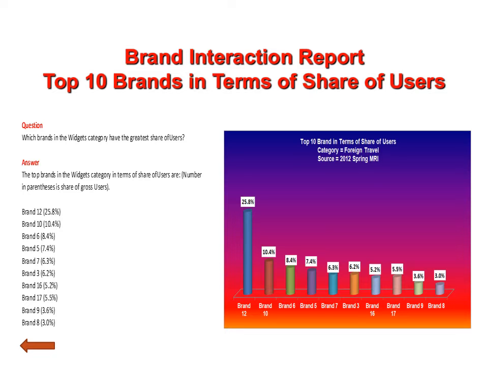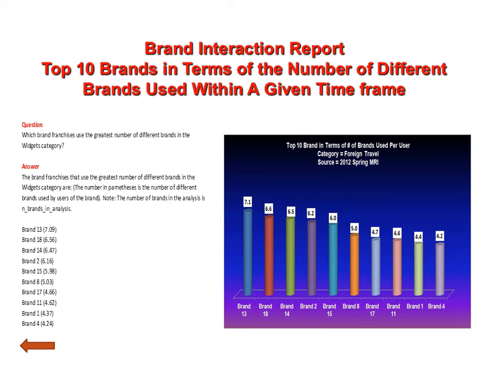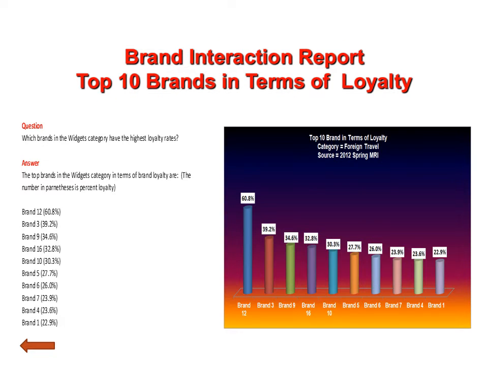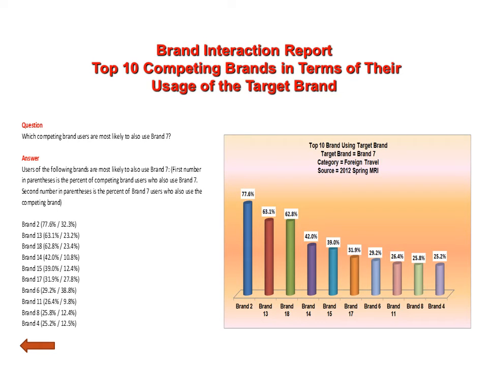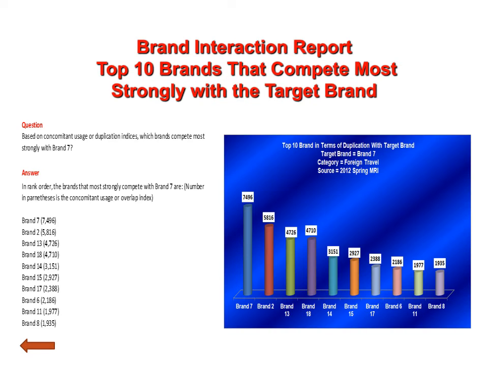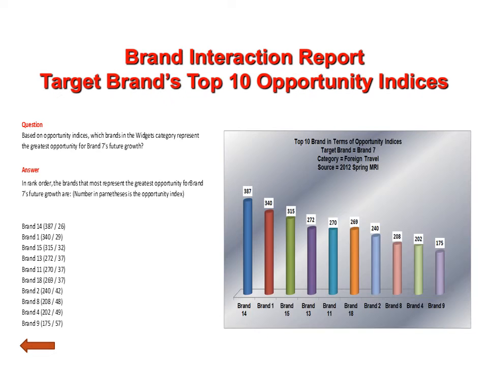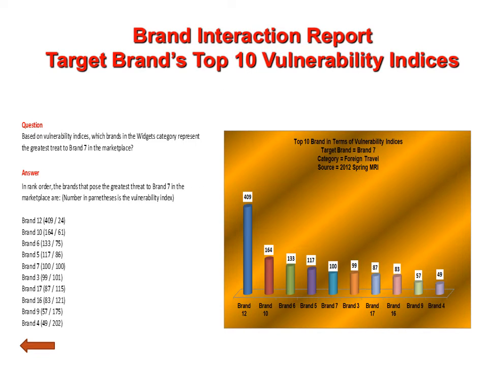Other slides in the brand interaction report deal with the average number of different brands used by each brand's user group, brand loyalty rates, the competing brands used most often by target brand users, the competing brand user groups that are most likely to also use the target brand, the duplication index between the target brand and each competing brand, the target brand's opportunity indices with respect to each competing brand, and the target brand's vulnerabilities indices with respect to each competing brand.